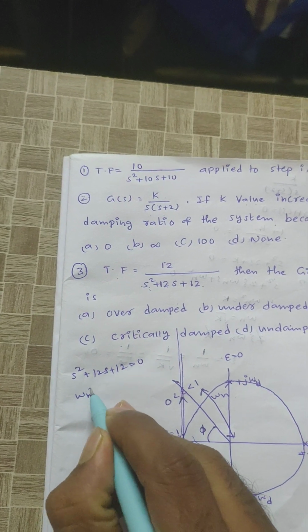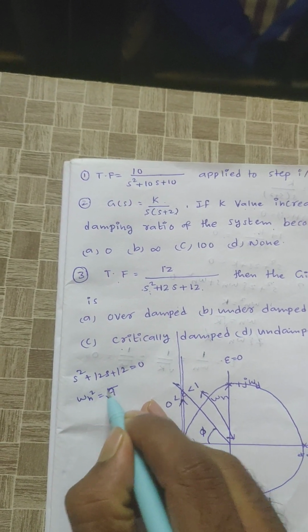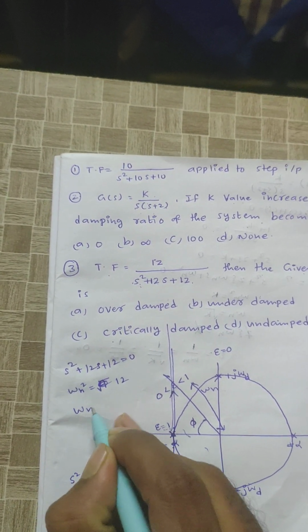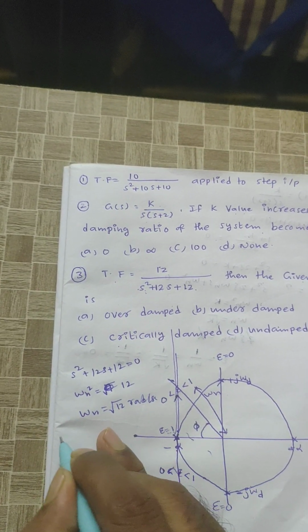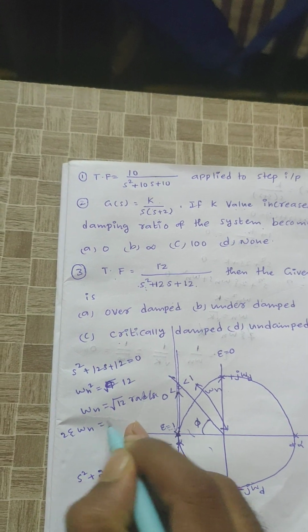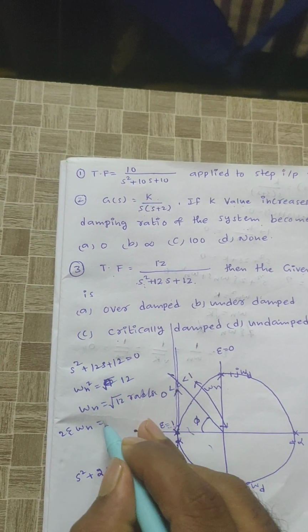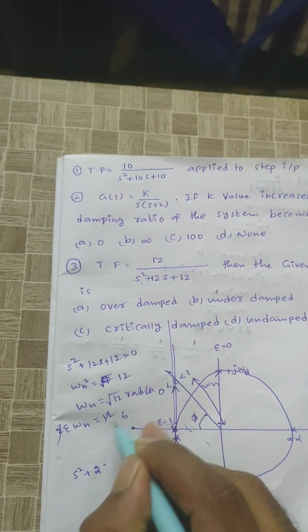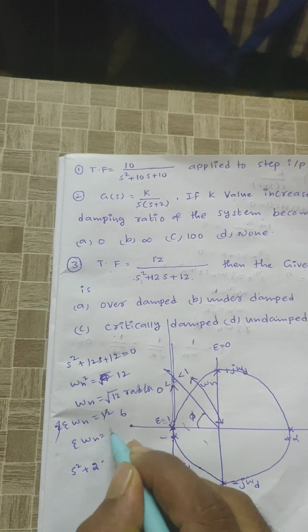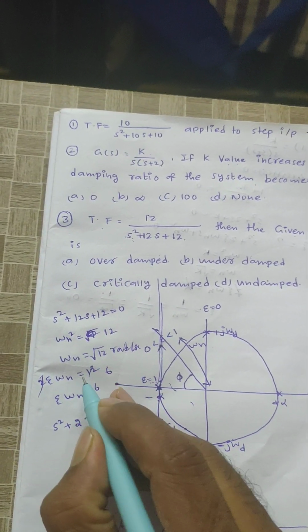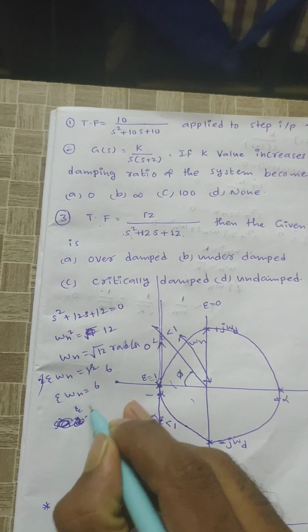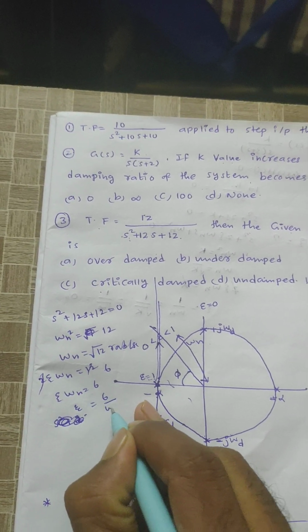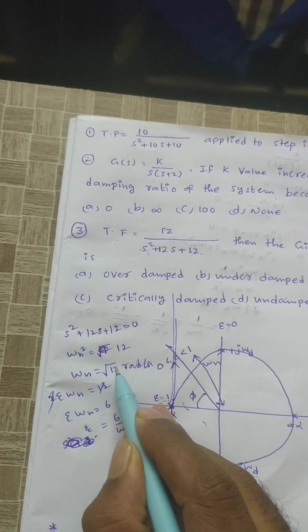From that standard equation, omega n square is equal to 12, omega n is equal to root 12 radians per second. Then 2 zeta omega n is equal to 12, right? That is 6. Zeta into omega n is equal to 6. Then zeta is equal to 6 by omega n. Omega n value will be root 12, right?